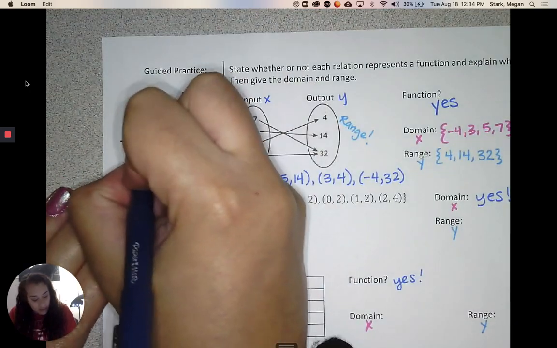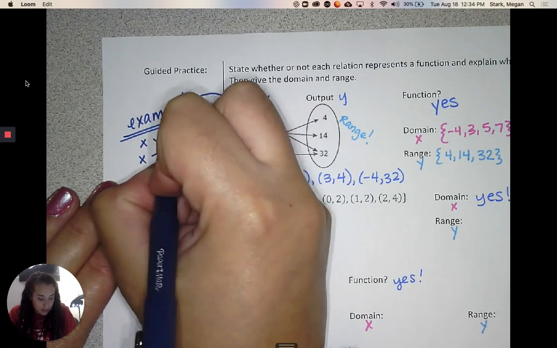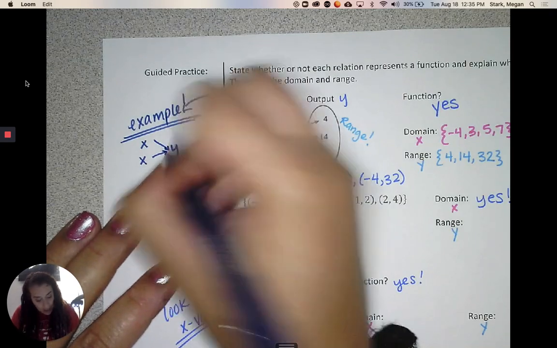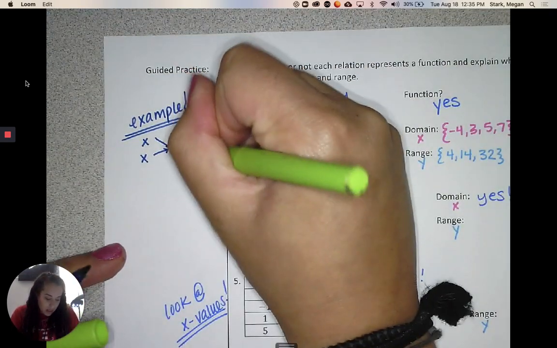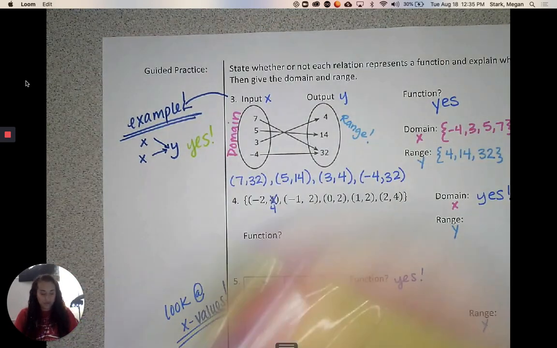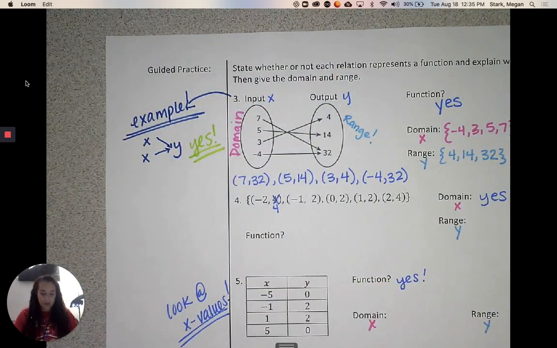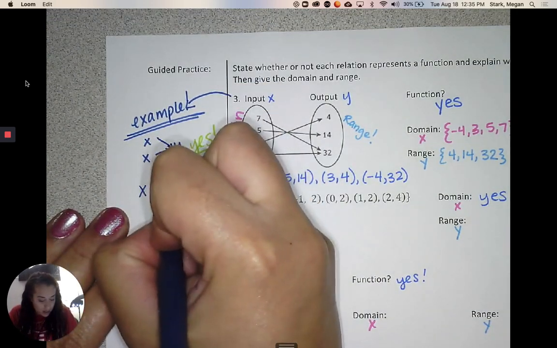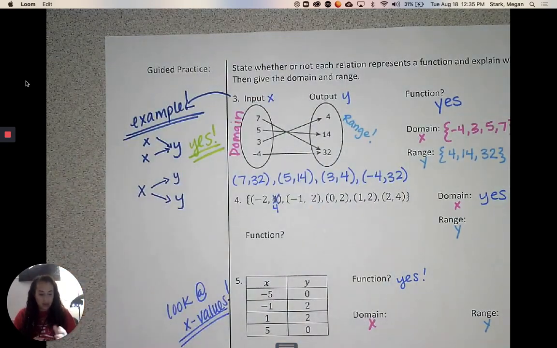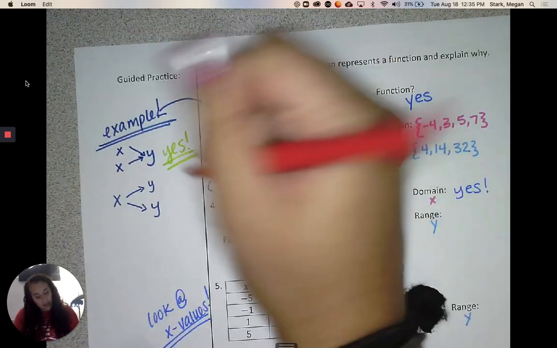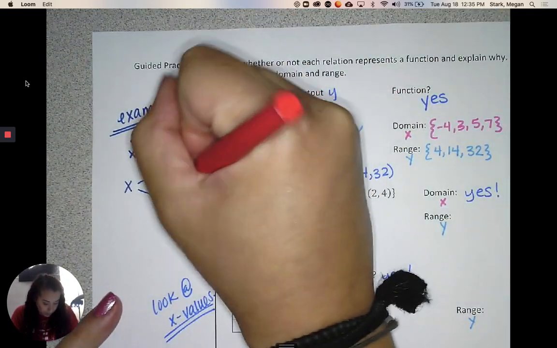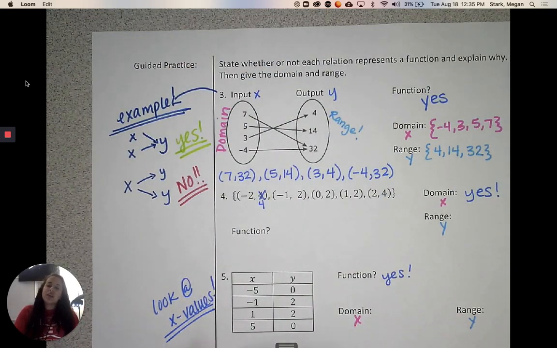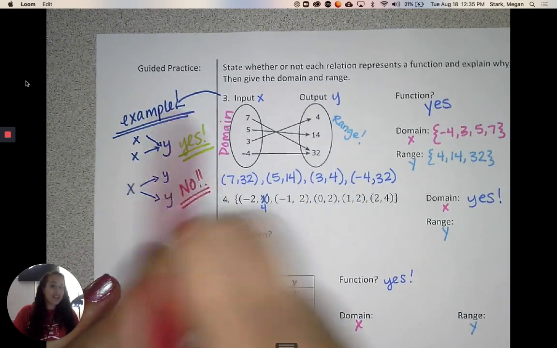So if we have two x's that go to the same y, okay, they're paired with the same y, yes, that's a function, 100% that is a function. But if we have one x trying to go to two different y's, that, my friends, is not a function.